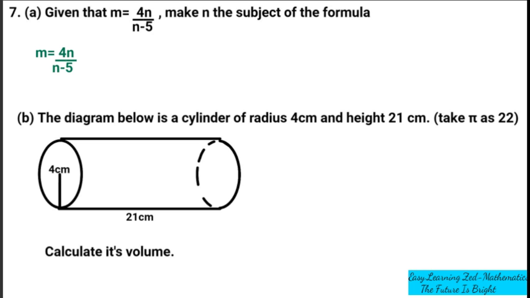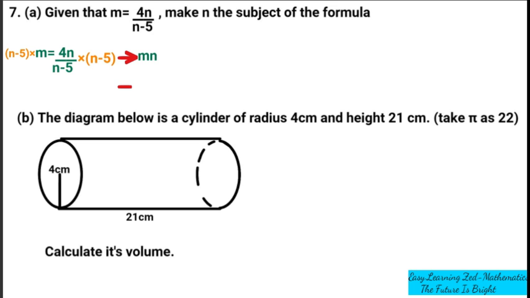So we can say n minus 5 multiplied by m. Then also on the right side we say 4n over n minus 5 multiplied by n minus 5. Then what do we get? We multiply m by every letter in the bracket. So m multiplied by n will give us mn. Then negative m multiplied by negative 5 will give us negative 5m.